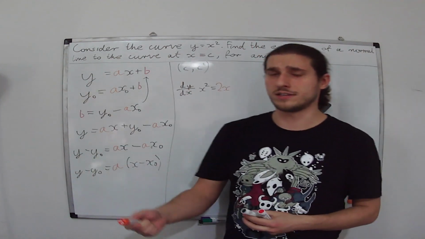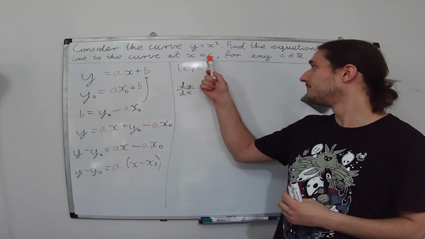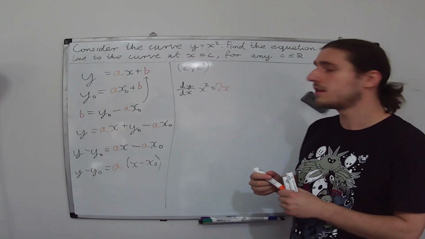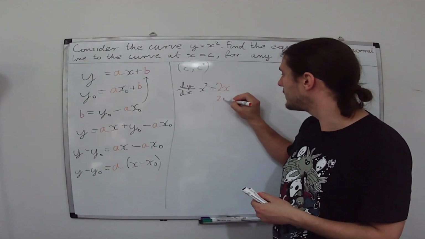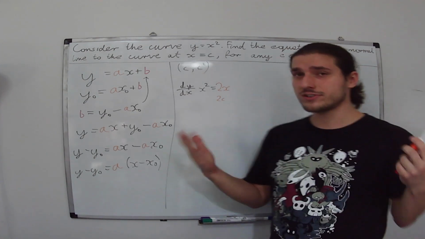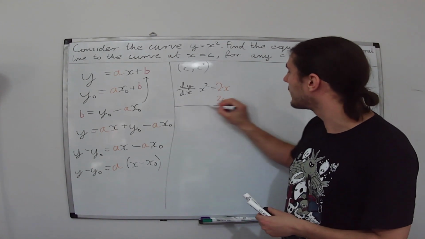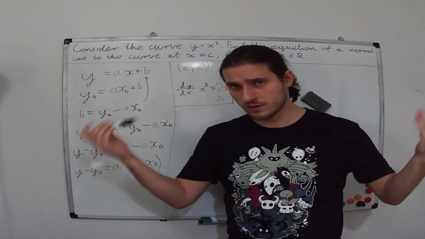What is the rate of change of that function at point c? Well, since x is equal to c, the rate of change at the point c will be 2c. Okay? So now we have everything we need to find the equation for a tangent line, and from there we can work out the normal.